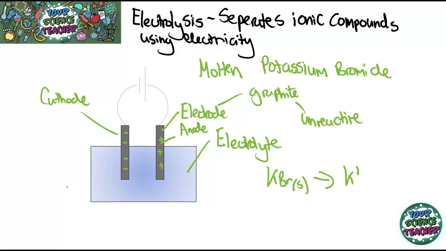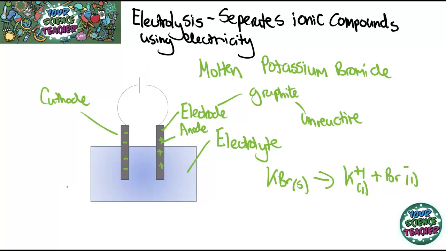Potassium, which is a +1 ion, and I also have my bromide ion as well, which is now also in the liquid state, so they can now move around.